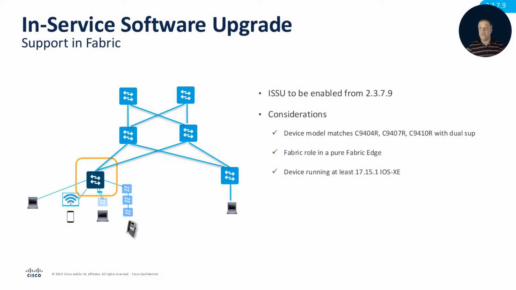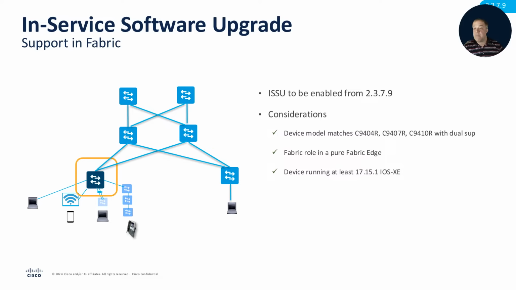So this is new with 2379, the in-service software upgrade, or ISSU for short. This has support within the fabric, starting with Catalyst Center 2379. It allows for software upgrades with minimal to no network downtime, which is crucial for your business continuity. You have different requirements for downtime, how long you can be down and whatnot, and this is an attempt to make this a little easier on you.